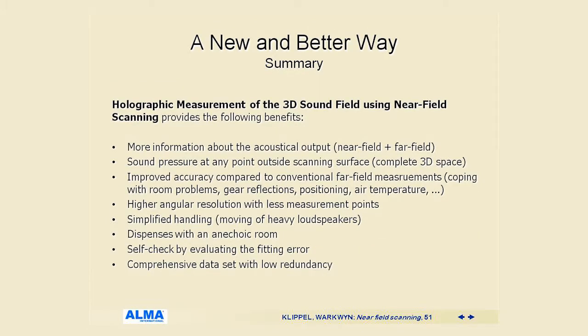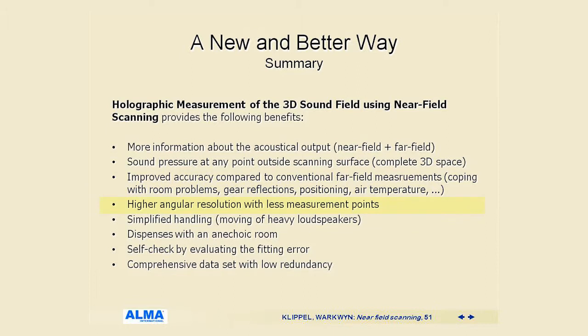Summarize a new and better way. Holographic measurement of the 3D sound field using near field scanning provides the following benefits. More information about the acoustic output, both the near field and the far field. Sound pressure at any point outside the scanning surface, complete 3D space. Improved accuracy compared to conventional far field measurements, coping with room problems, gear reflections, positioning, air temperature.